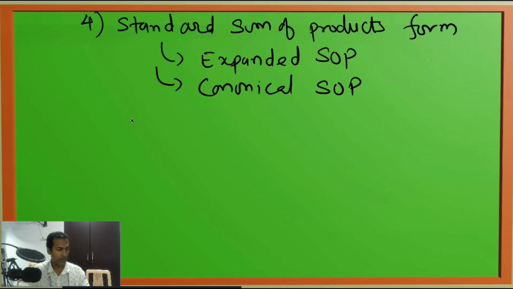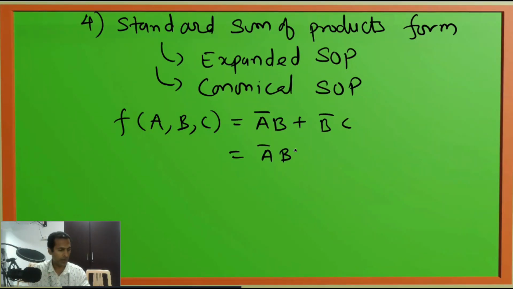So how it will be: f of, say it is function of ABC. So here our normal sum of product is A bar B plus B bar C. So we can expand it to A bar B C plus A bar B C bar plus B bar C A plus B bar C A bar.